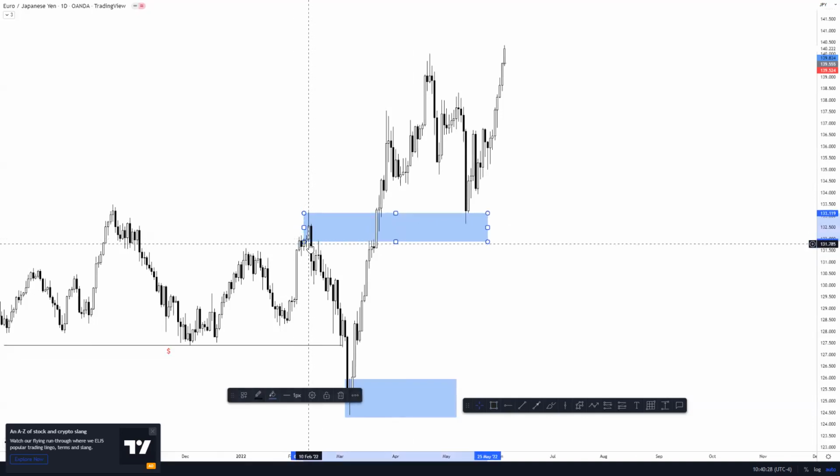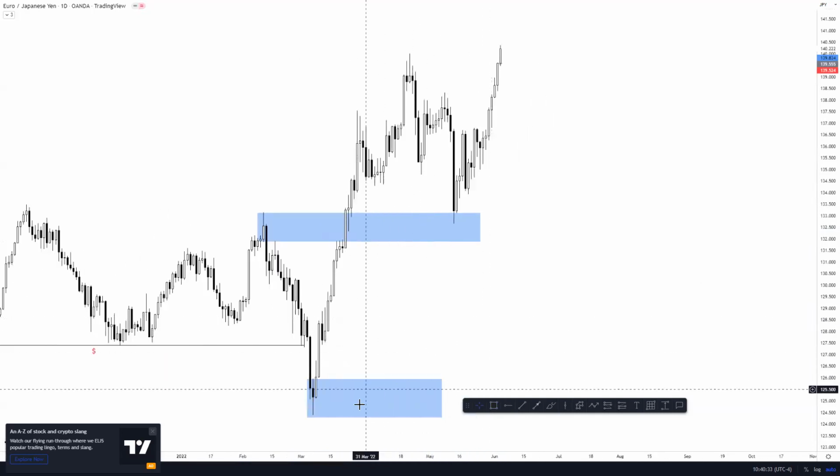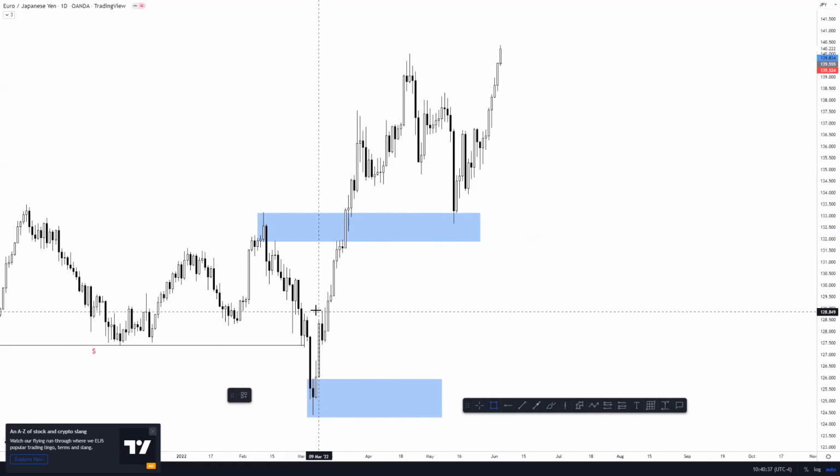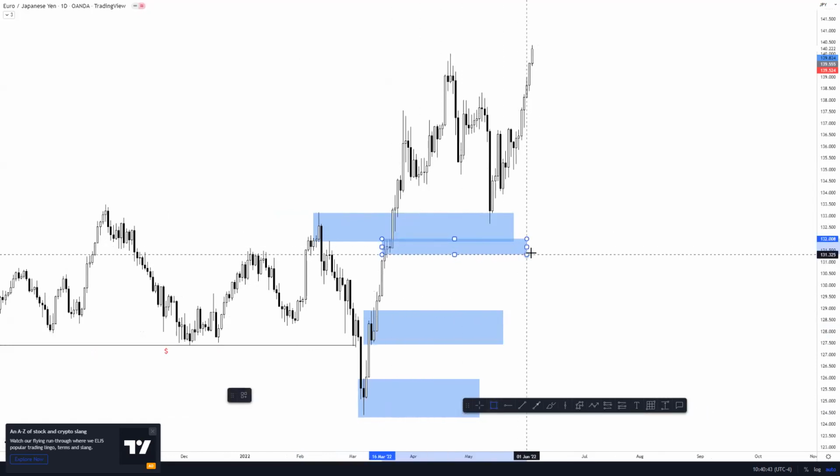This can be a good point of interest, but what I do, this is your order block, so I will choose this as a point of interest and this last candle, or maybe this base as a point of interest.